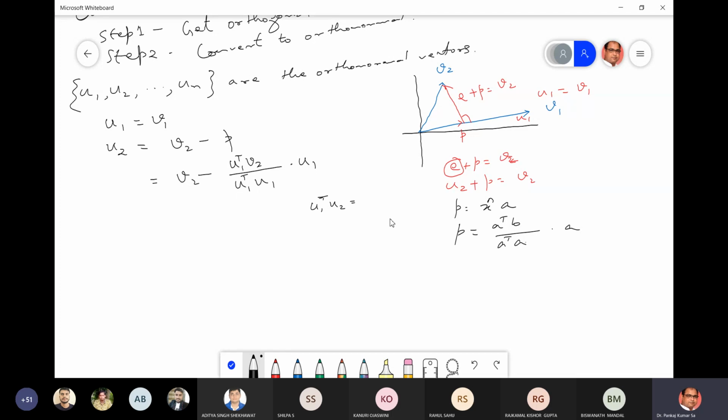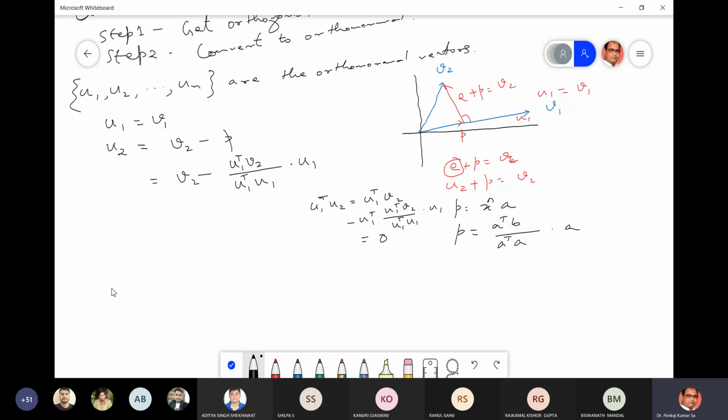So U1 transpose V2 minus U1 transpose V2 upon U1 transpose U1 times U1, this is equal to 0. So U1 and U2 are orthogonal to each other.